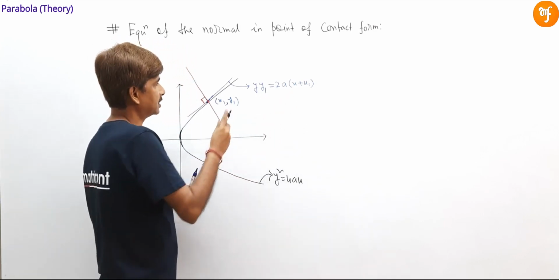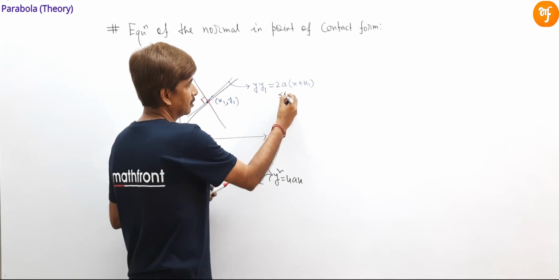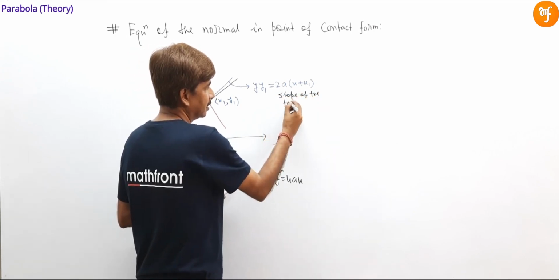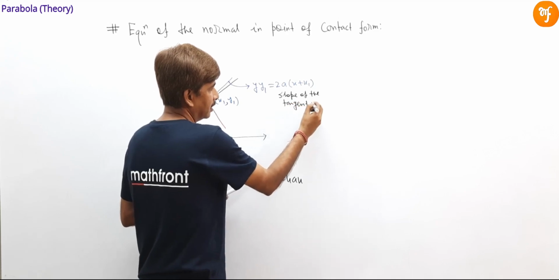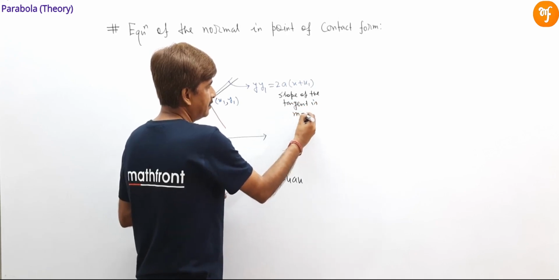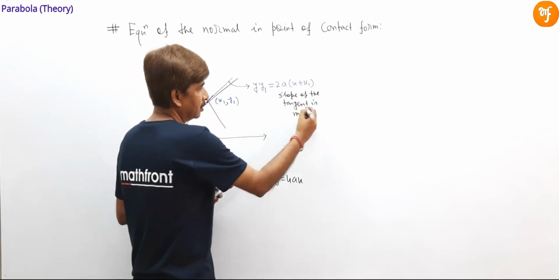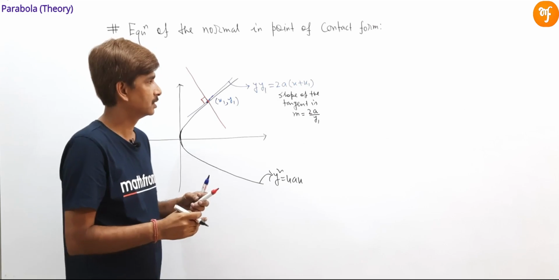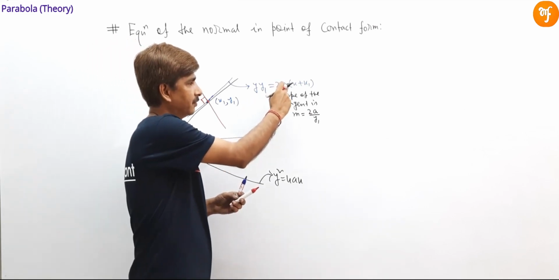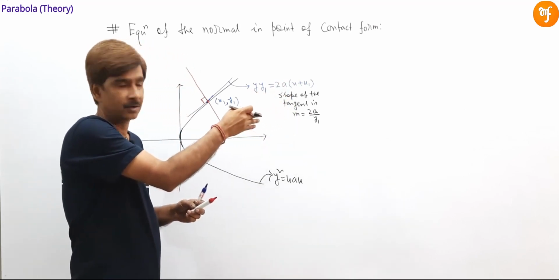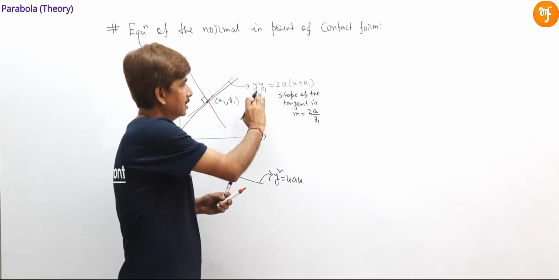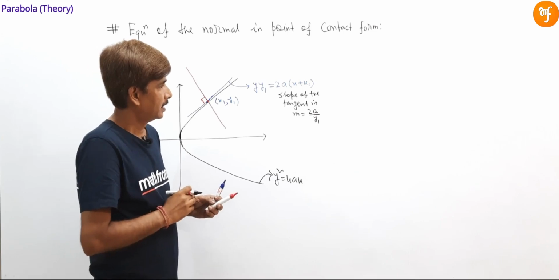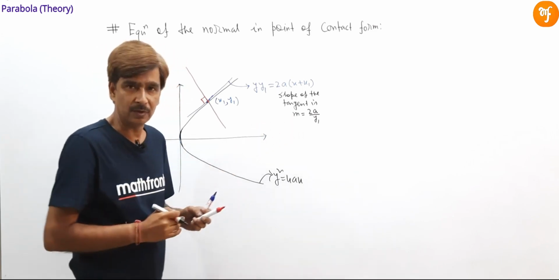The slope of the tangent is m is equal to 2a divided by y1. Is it? Because it is just the coefficient of x divided by coefficient of y, as it is in the form of y is equal to mx plus c. So m is this, that is 2a by y1.